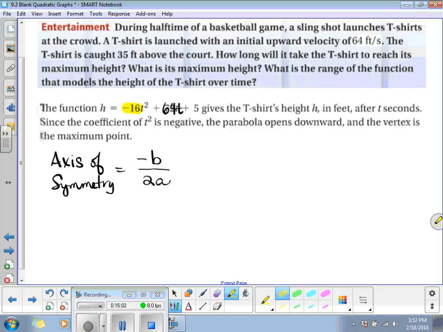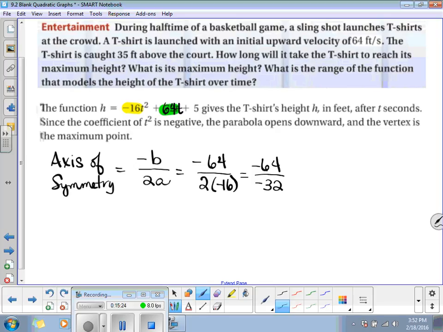A is -16, and b is 64. So we've got -64 over 2 times -16. That gives us -64 over -32, which gives us a positive 2.